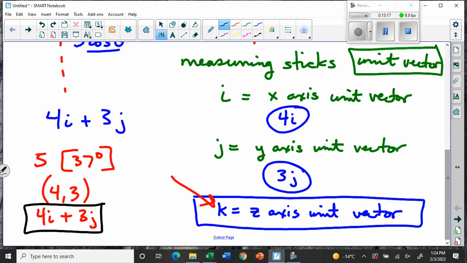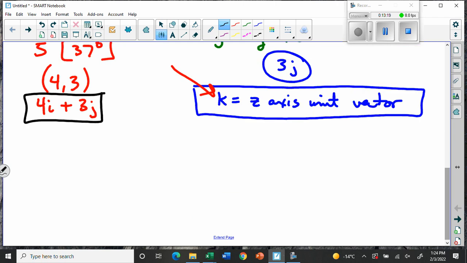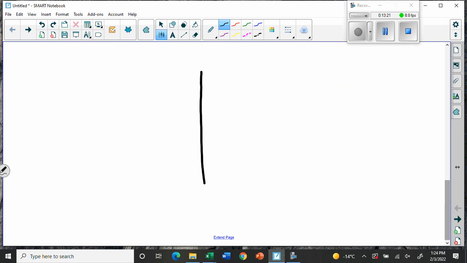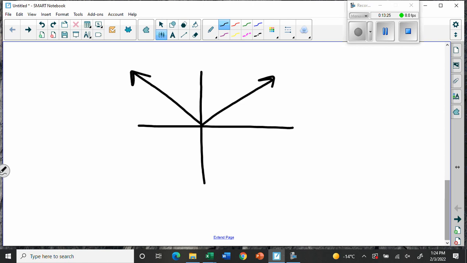So you'll remember last year, we did an exercise where we took a bunch of forces like this. One force went this way, one force went that way, another force went this way, and so on. And we called them A, B, and C. And we had to figure out what the net force was. So what we did is we added up their components.